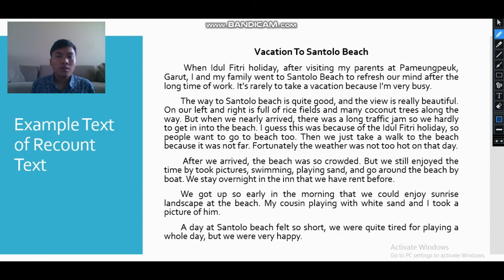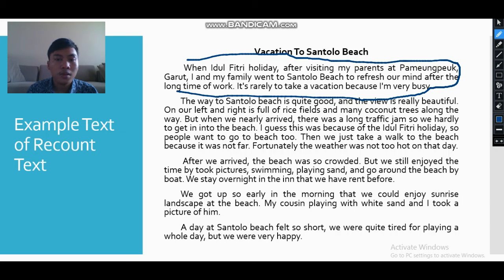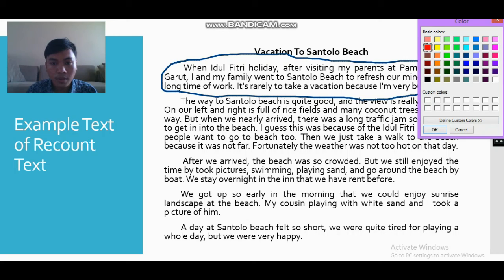Okay, for the conclusion, the first paragraph is the orientation, because the writer is telling us the participants in the story, where they are, and what they will do. Okay, next.